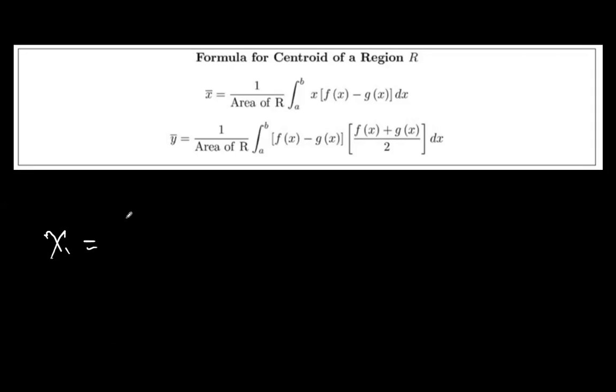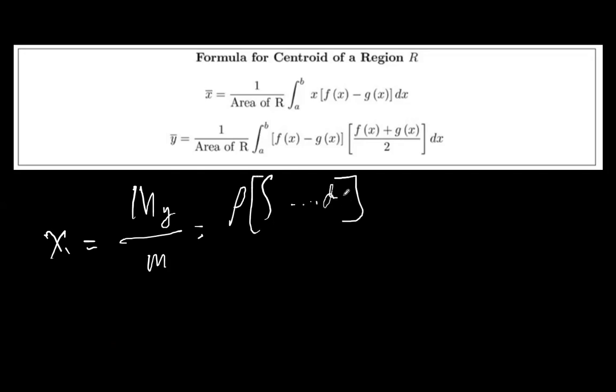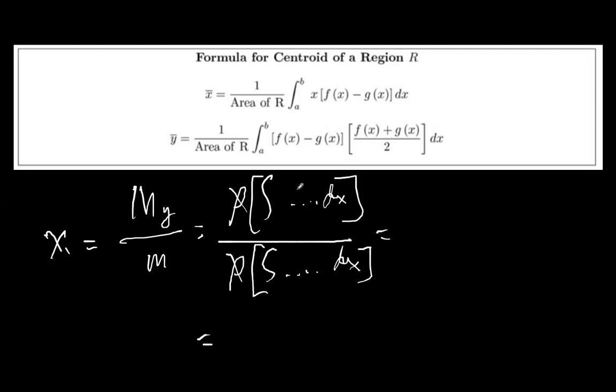All right, so which means, guys, this is our m sub y over the mass, correct? And we know that this is rho times the integral here, dx, over rho times the integral here, dx, something like that. Okay, so we canceled that when we were solving. So which means that we got this formula.